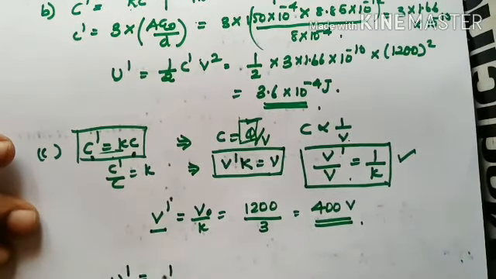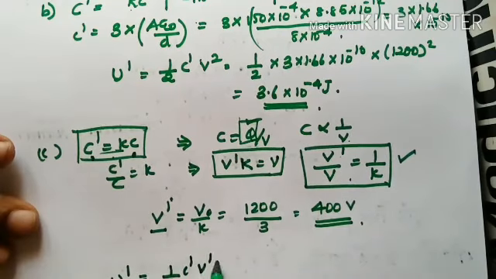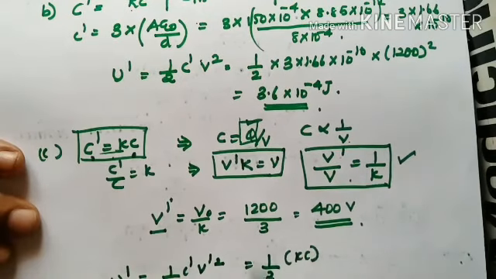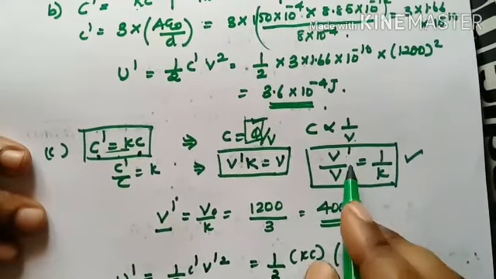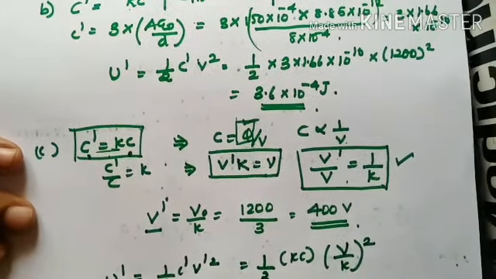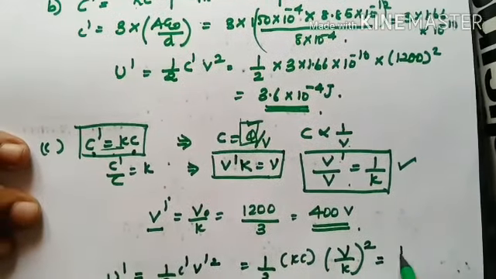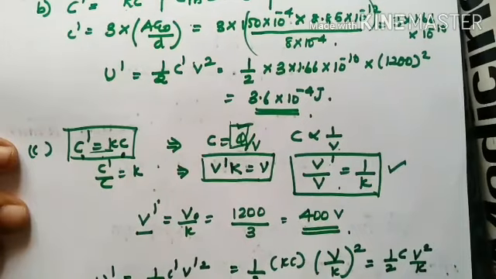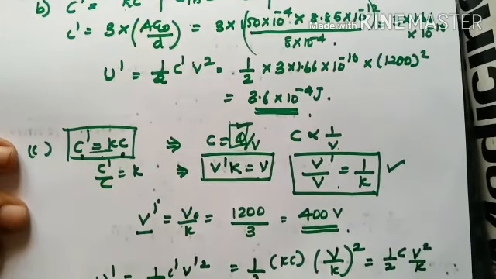U dash is equal to half C dash V dash square, that is half C dash is Kc. So I write Kc, V dash is V by K, and there is a square. You can cut off one K here so that it becomes half C V squared by K. Now substitute the value. Half into C is 1.66 into 10 to the power minus 10.